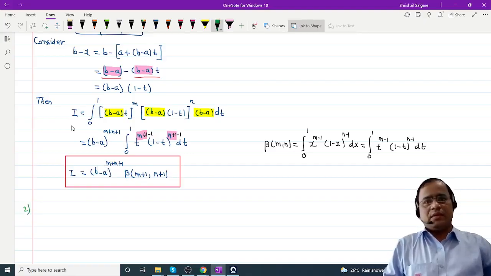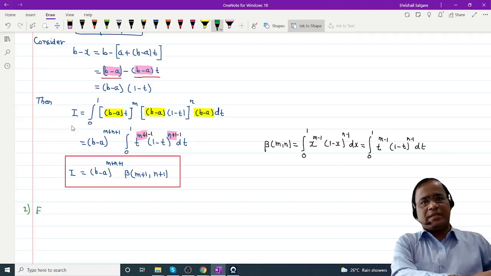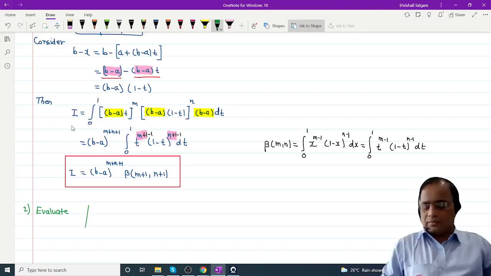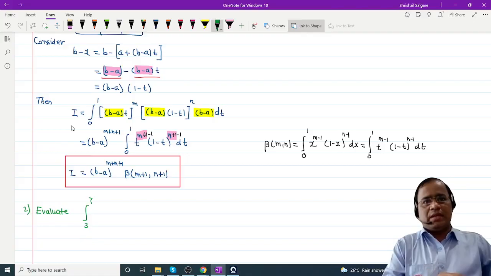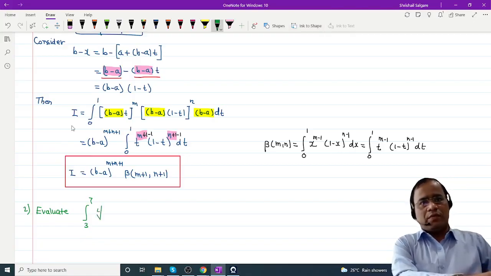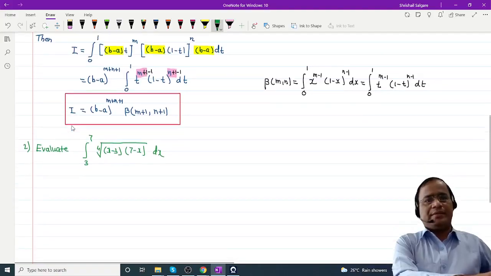Second one: evaluate the integral from 3 to 7 of the fourth root of (x minus 3, the lower limit, into 7 minus x, the upper limit minus x), everything under the fourth root, dx.